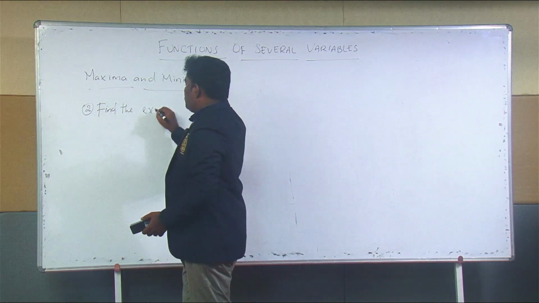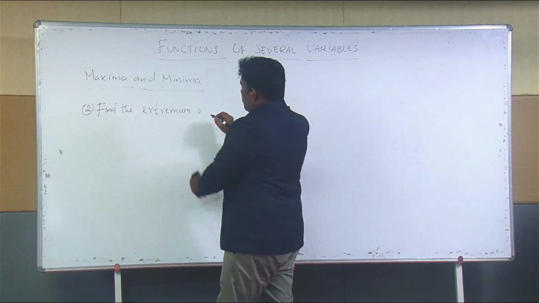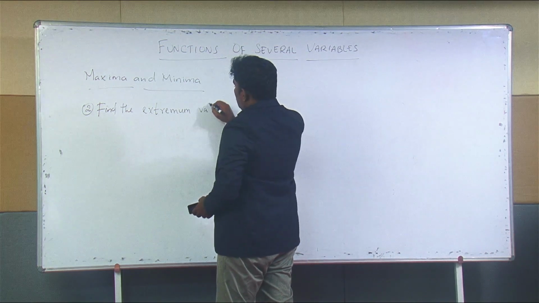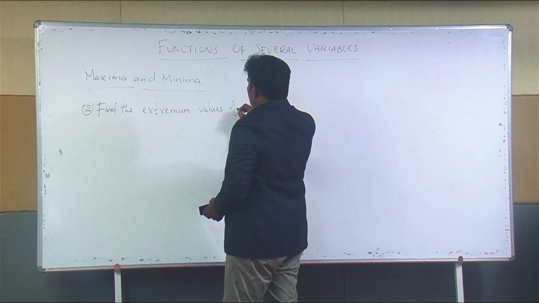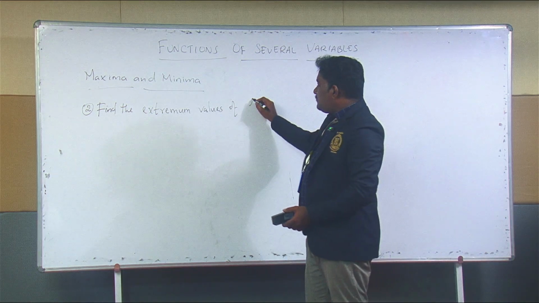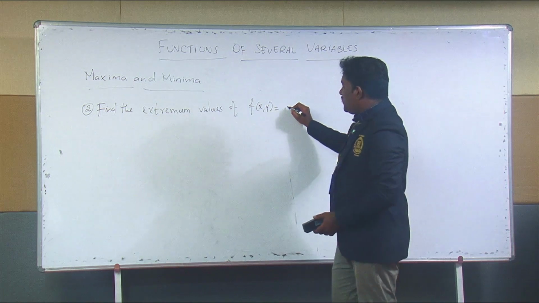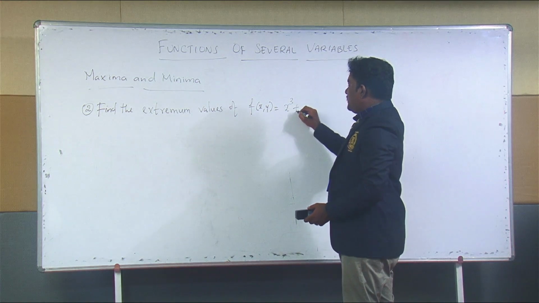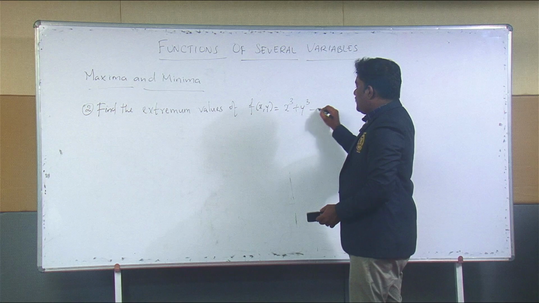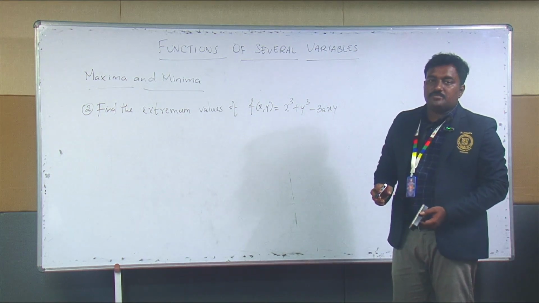So, find the extremum values of f of x comma y equal to x power 3 plus y power 3 minus 3a xy, right.